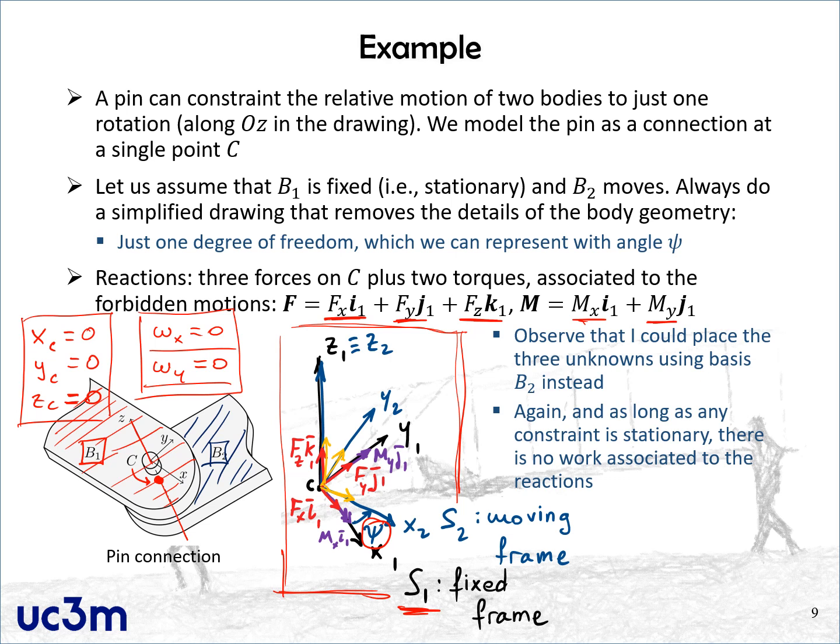We just need to introduce 3 additional parameters. For example, here I have chosen these 3 to represent our reaction force, which we have to solve for as part of the rest of the unknowns of the problem. And once again, observe that since this is a stationary constraint, neither the forces nor the torques exert any work.